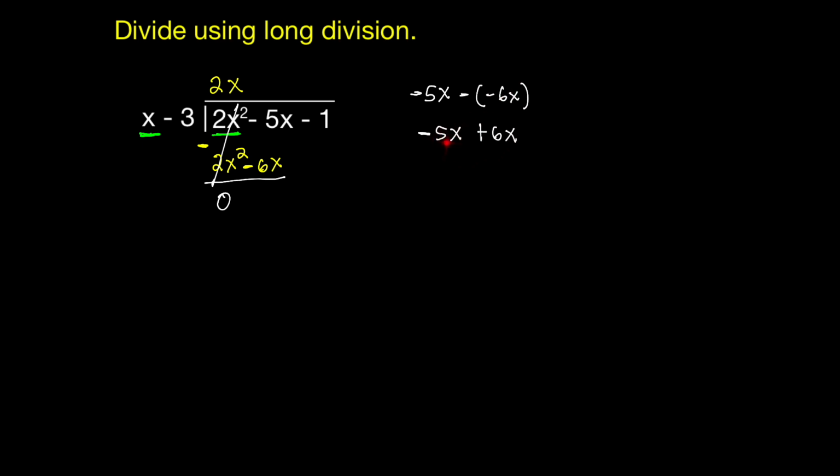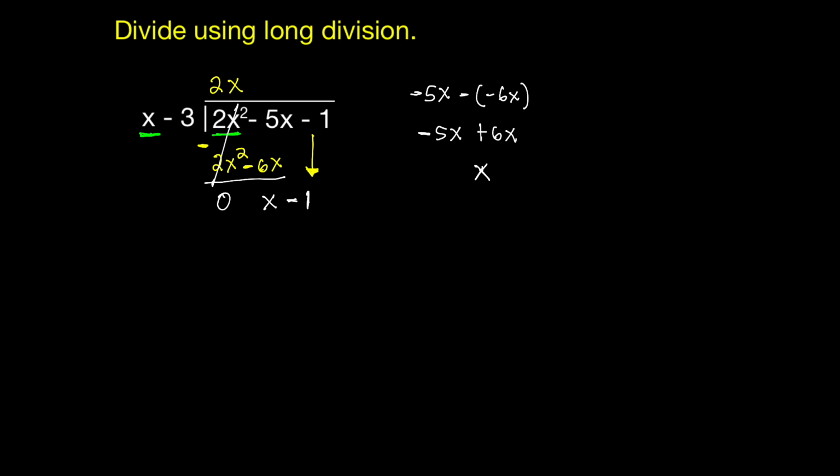And then negative 5x plus 6x, we're going to get a positive x. Hence, negative 5x minus negative 6x, we're going to get a positive x. Notice that we still have that negative 1, so we're going to drop it down. And now we have a new binomial here, x minus 1.